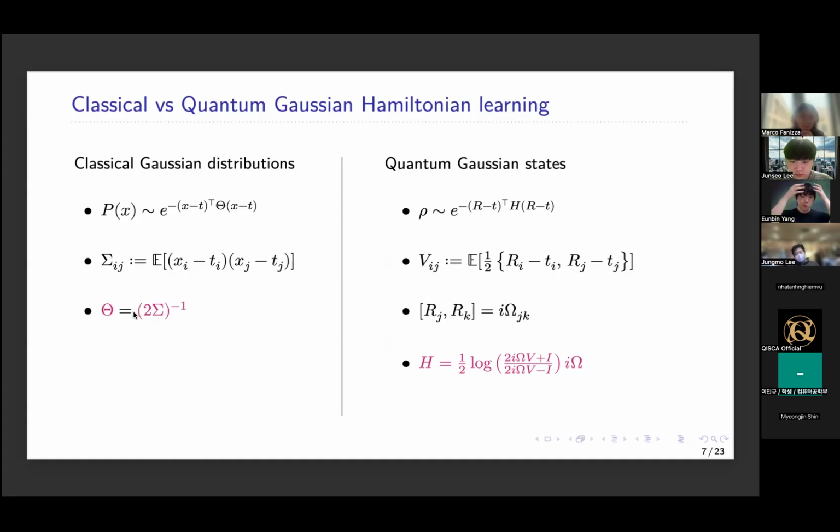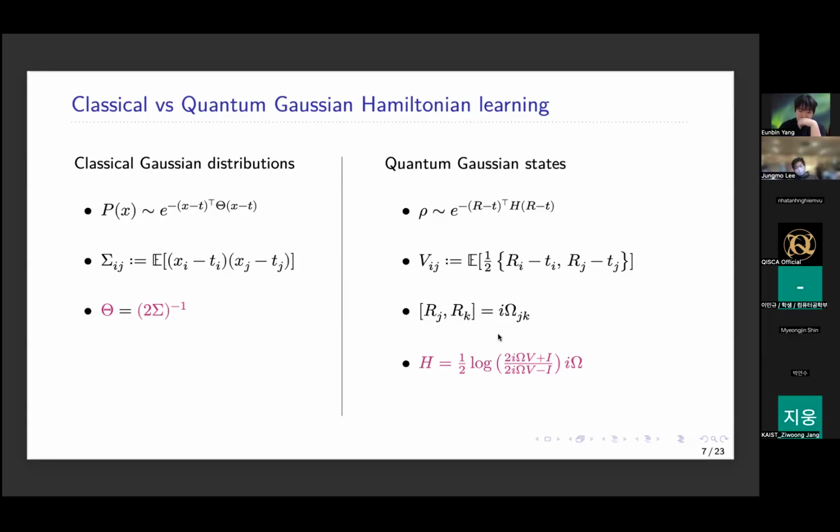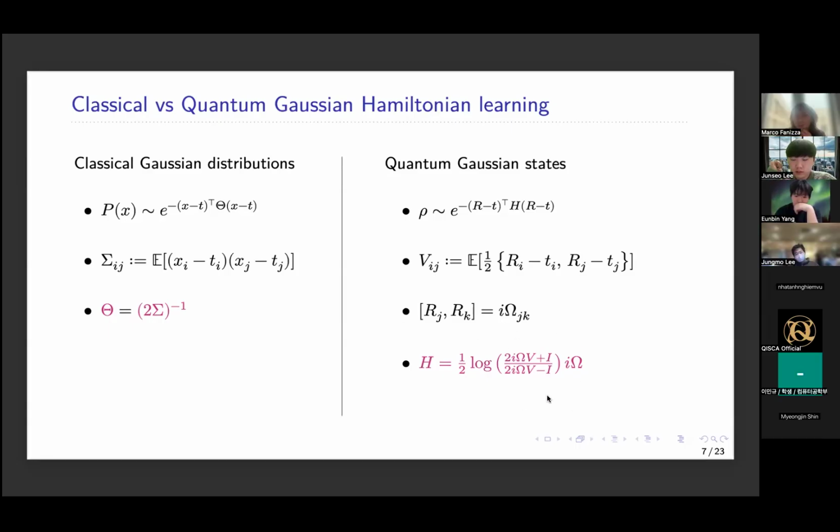In the classical case, the relation between the precision matrix and the covariance matrix is very simple: theta is just the inverse of 2 times sigma. In the quantum case, the relation is more complicated. It involves the matrix of the commutation relations, and it's what's written here. What's nice is that the relation is still one-to-one.